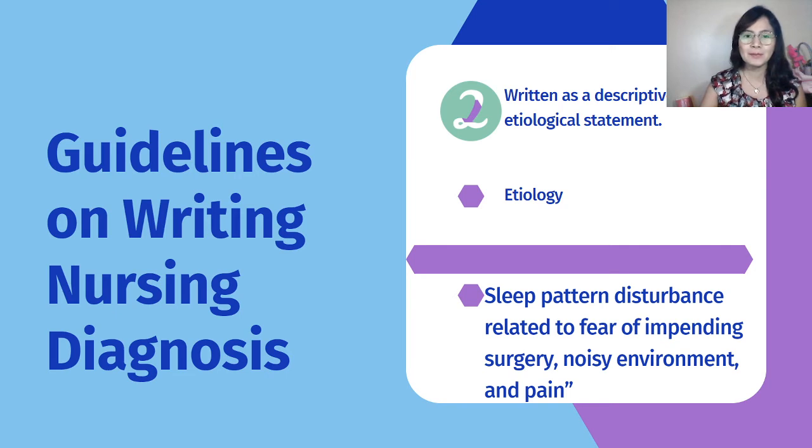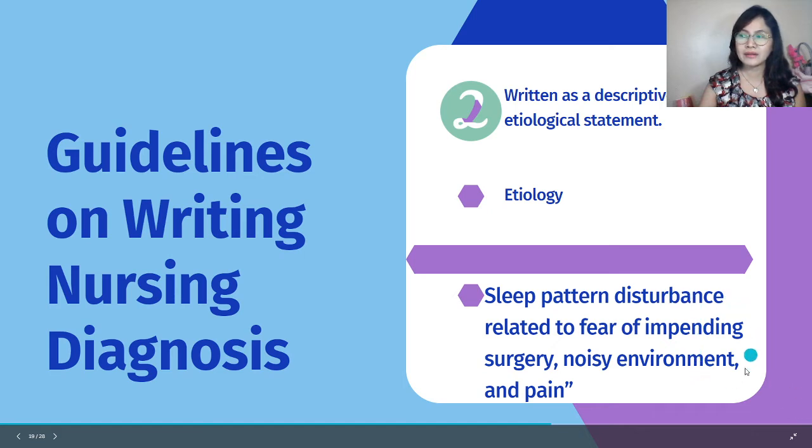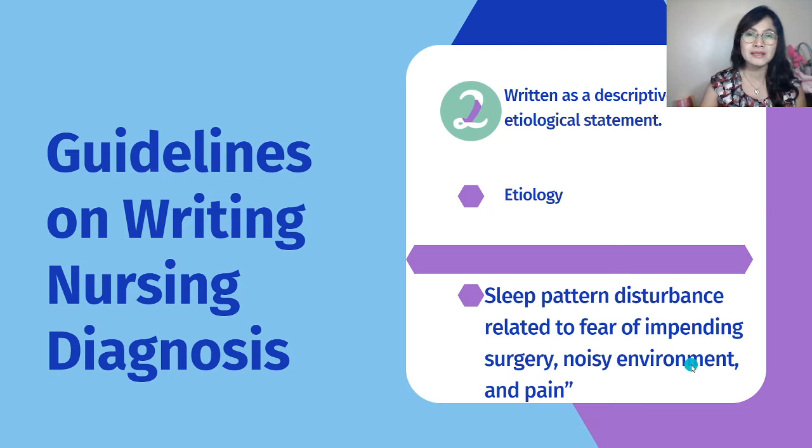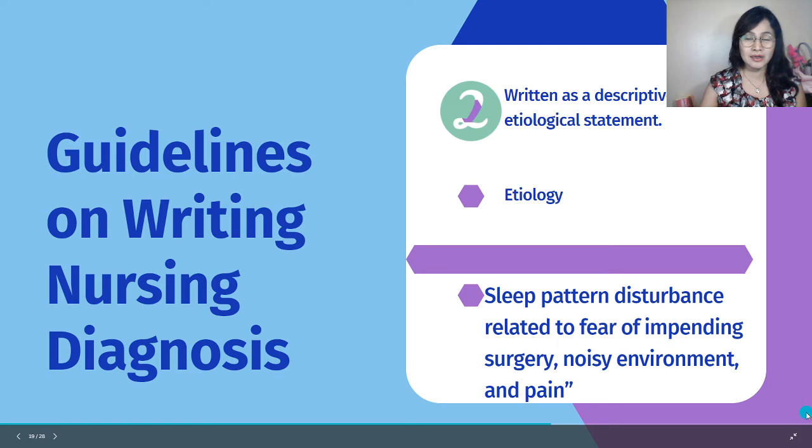An example of this one is sleep pattern disturbance related to fear of impending surgery, noisy environment, and pain. Take a look at the etiological factors. Based on the assessment of the nurse, these are the factors that are causing the sleep pattern disturbance of the client.